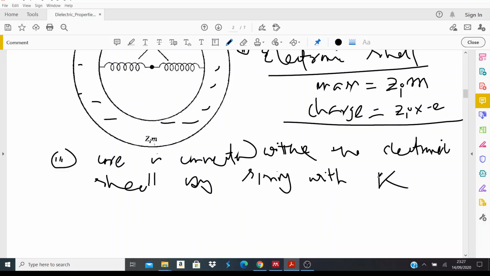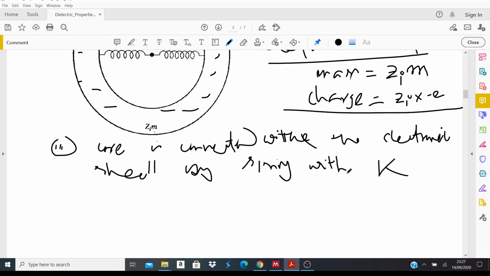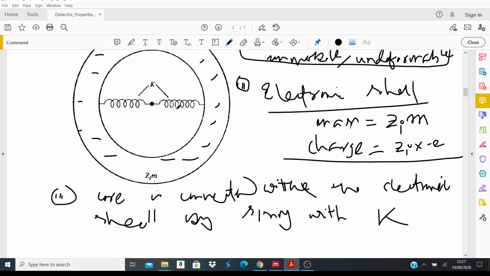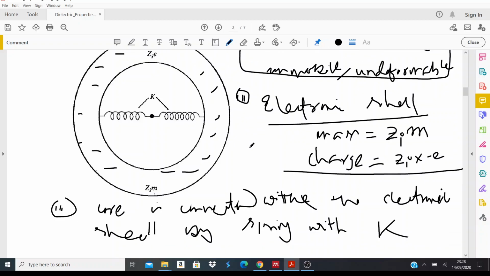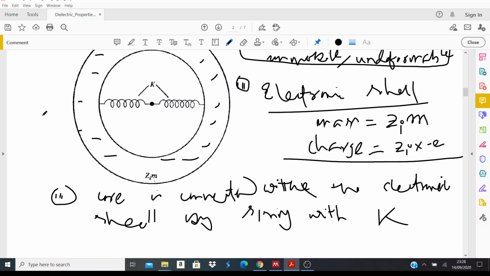Whenever you have a spring with some mass attached, because the core is really heavy, maybe infinite mass, it is not moving, but the electronic shell is very light, so it is able to move. The spring can vibrate, and the shell can be distorted by applying some field.